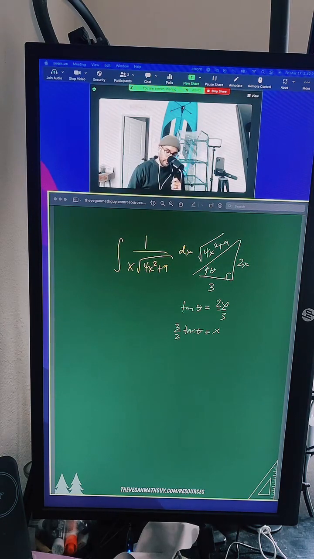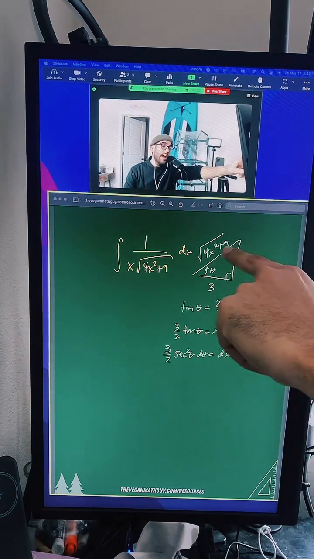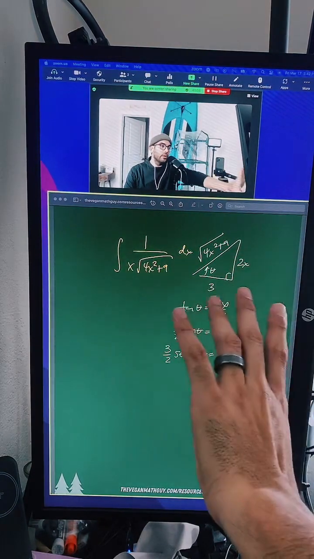Now we can take the derivative: 3/2 secant squared theta d theta is equal to dx. And now we need to find an equation for this root 4x squared plus 9. Well, that's the hypotenuse. I'm just going to use the 3 because I don't want to include another variable.